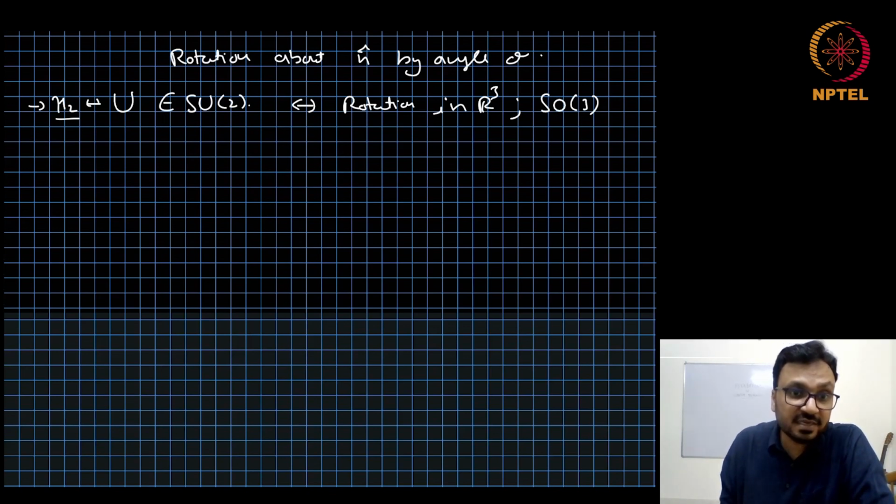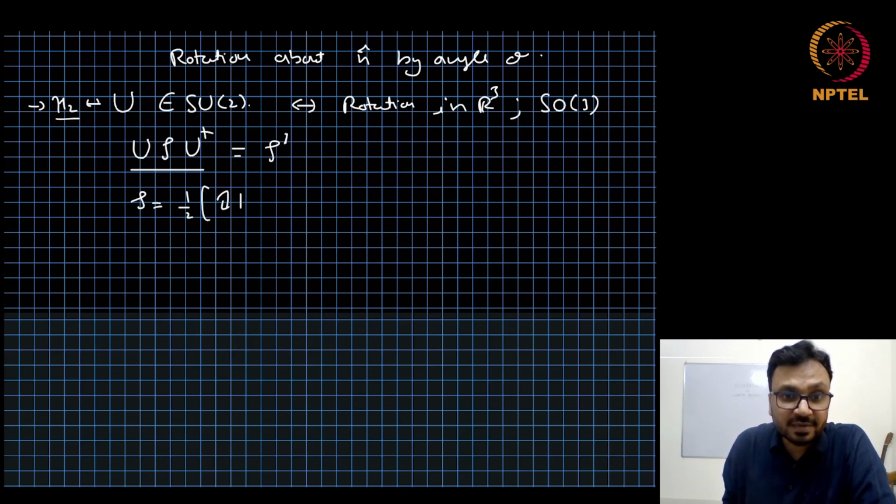So if we want to see the relation, how do we see it? If we are given a unitary U, we can apply it on rho, U rho U dagger. This is the transformation on the density matrix, and we get another density matrix rho prime. Rho can be written as half identity plus R dot sigma, and rho prime can be written as half identity plus S dot sigma.